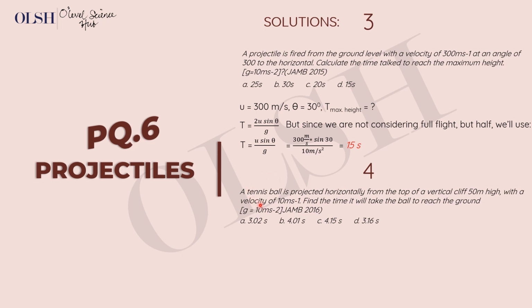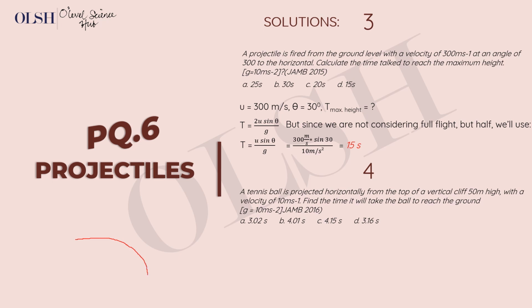Now there are certain things I want us to take note of whenever we're solving projectile questions. Look at the question carefully. It says a tennis ball is projected horizontally from the top of a vertical cliff. So we're not going to have the full normal parabolic path that a projectile will have, because this object is projected horizontally and falls off this way.